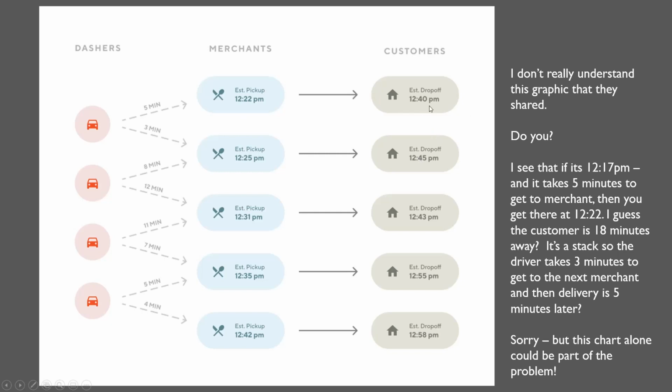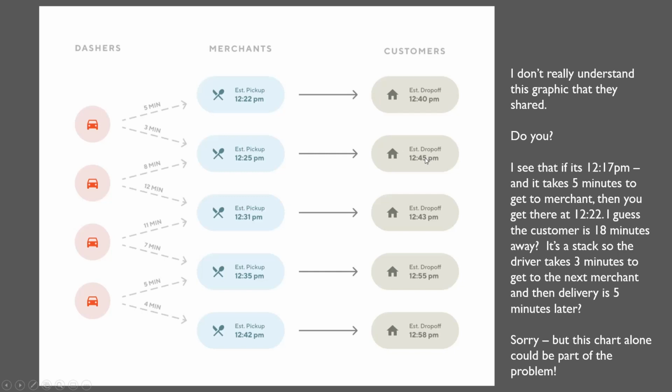Now, if the customers live in the same neighborhood, you could do it in 5 minutes maybe. You only get 3 minutes to get to this other restaurant, so this restaurant better be close, maybe walking distance. So if you had a stacked order with these 2 pickups and these 2 deliveries, and you start at 12:17, could you finish at 12:45?